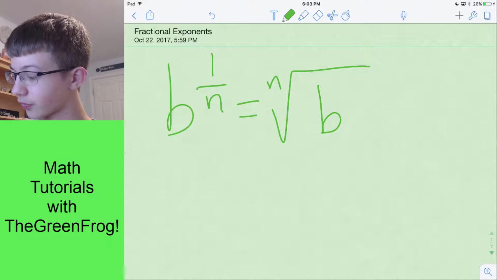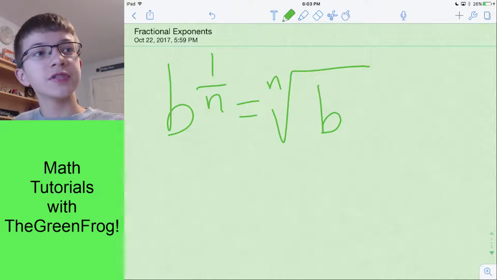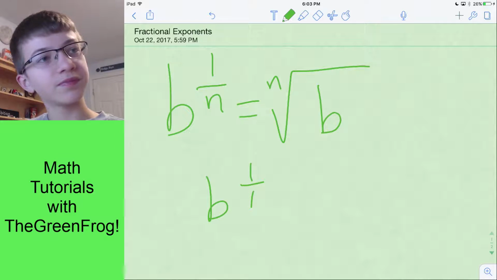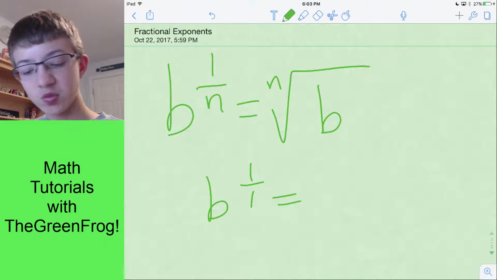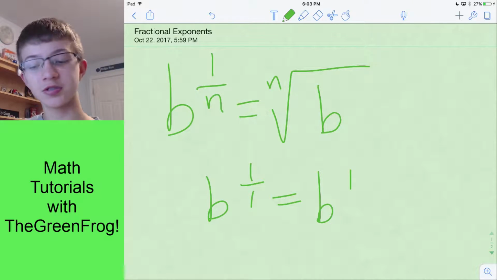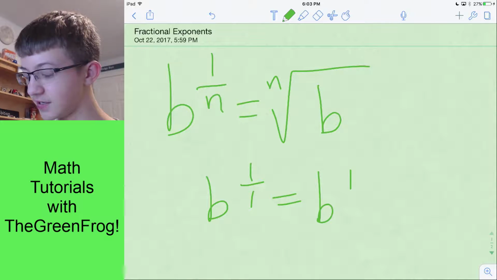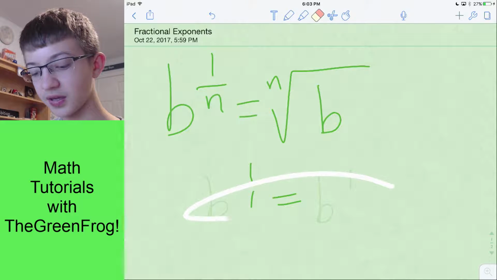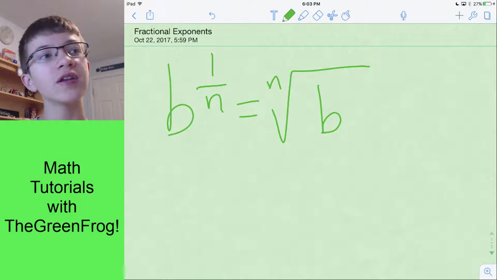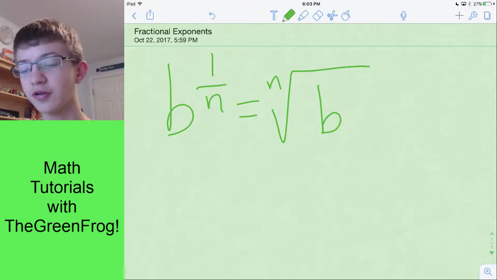So we wouldn't want n to be 0, and if n is 1, it's b to the 1, so we don't really need anything special there. If it's 0, we don't want to divide by 0. If it's 1, you're just doing b to the 1. You don't need complicated stuff to do b to the 1.